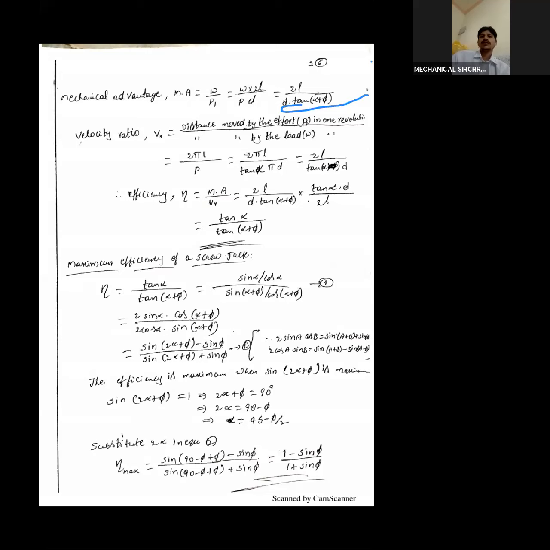So 2 pi L by P is replaced with, that is, pi d tan alpha. Why? Because again, they write the distance moved by the load. How much distance is it translated? That is also given here. That depends upon pi d into tan alpha, so pi d into tan alpha.